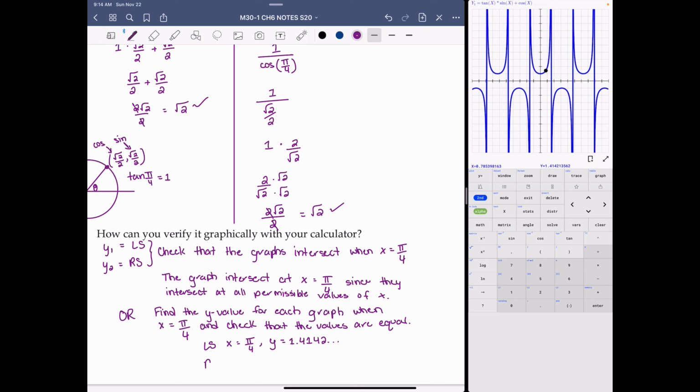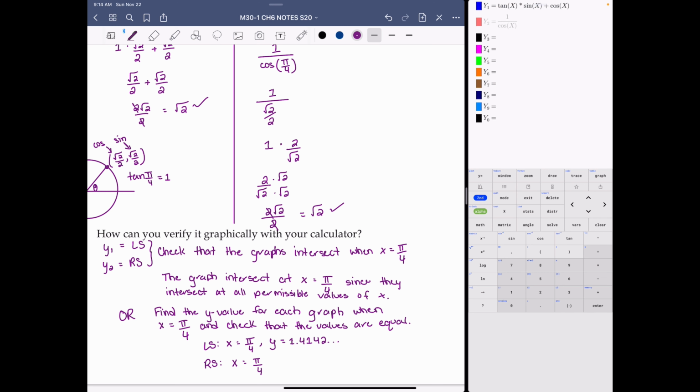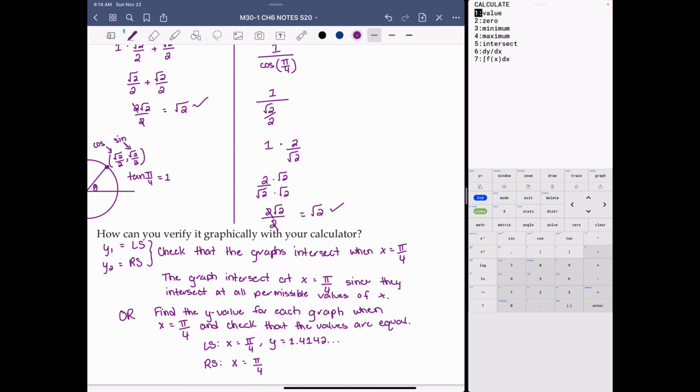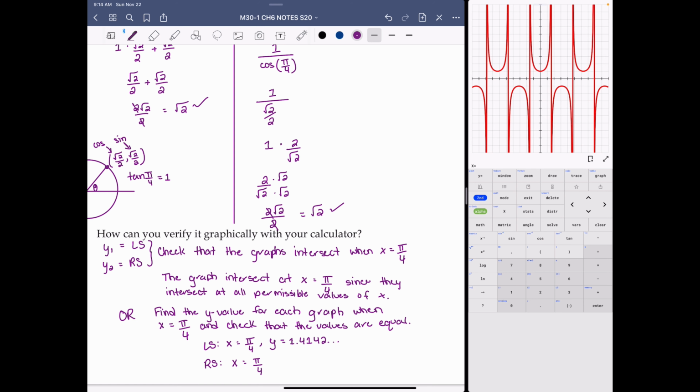And then for the right side, x equals pi over 4. Go back to our y equals. Turn the blue graph off now and the red graph on. Graph it, then do the value again. So second trace number 1, or for Casios, F5, F6, and then ycalc, and then enter your x value of pi divide 4.